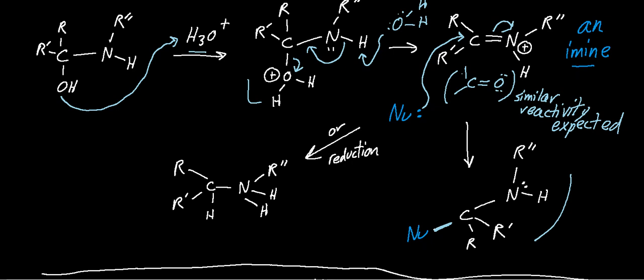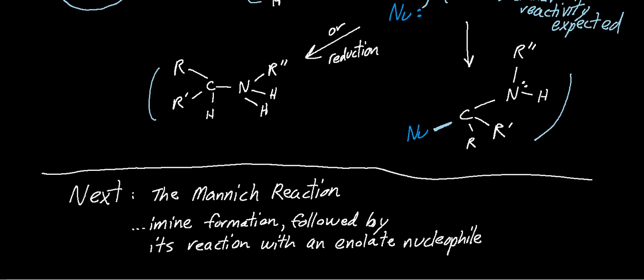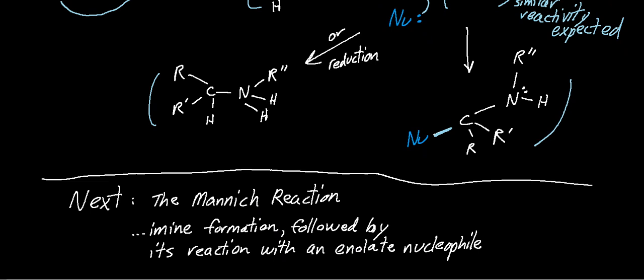Alternatively, if you're ready to stop at this earlier point, you can just reduce the imine and stop there. Our R prime, our R double prime, they could all be the same or different. And so that's our brief introduction to that. We're going to continue along this same vein with the creation of imines, followed by, in this case, their reactions with an enolate, which is a nucleophile, as we know, and that happens to have the name reaction, the Mannich reaction.